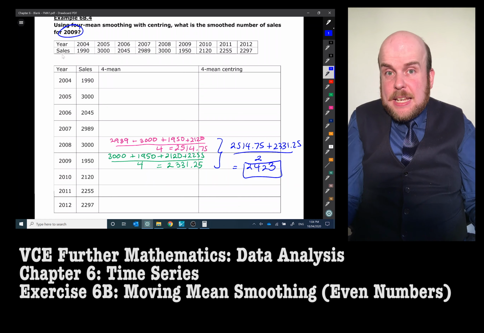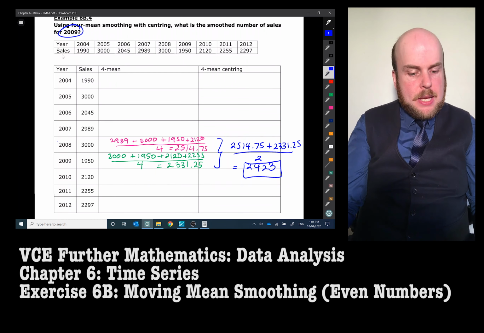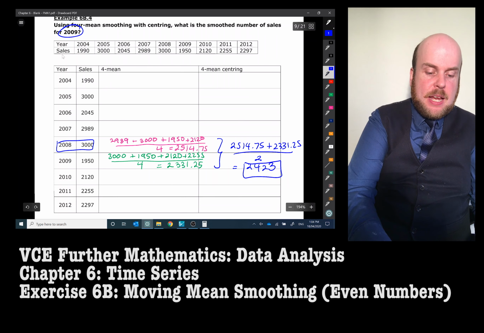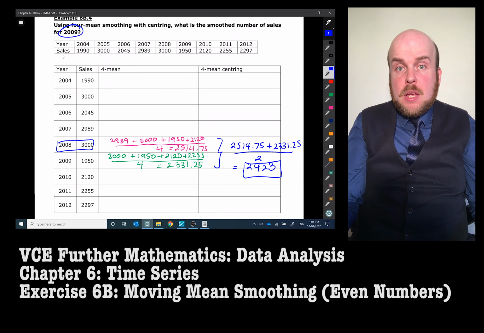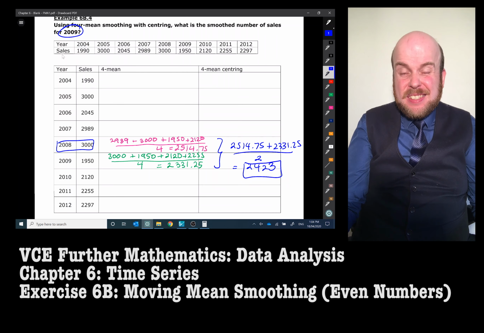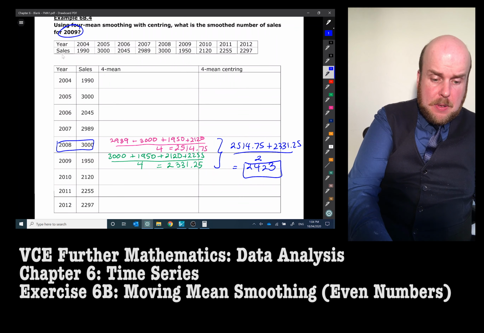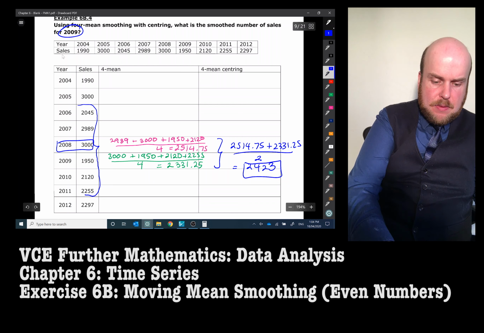So let's just say in another example, you're asked to find the 6 moving mean values for, say, 2008. This is an example. So again, it's an even number. So what you would need to do is that if it's 6, the middle value will be when it's in position 3 and in position 4. So for the first one, you would need to calculate 4, 5, 6.